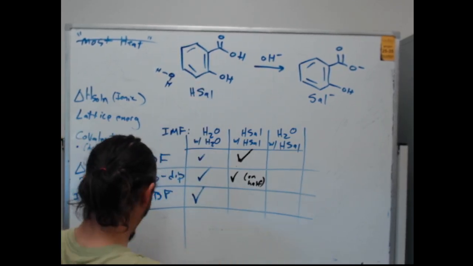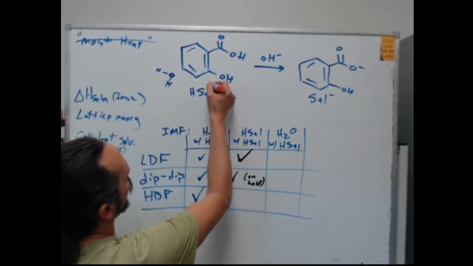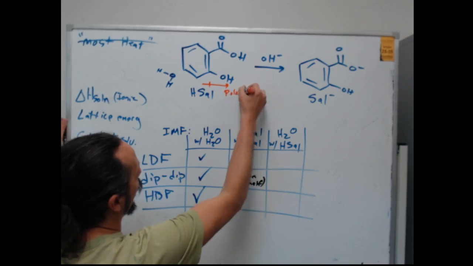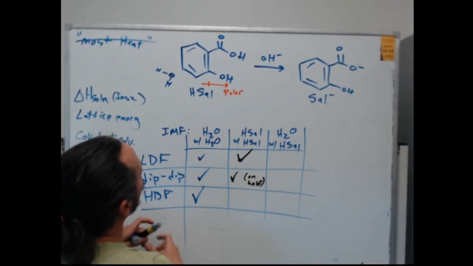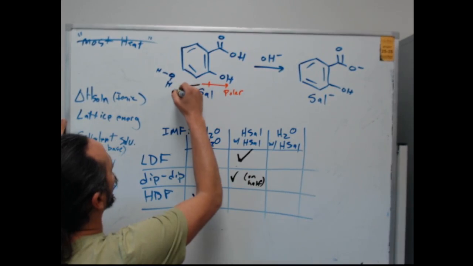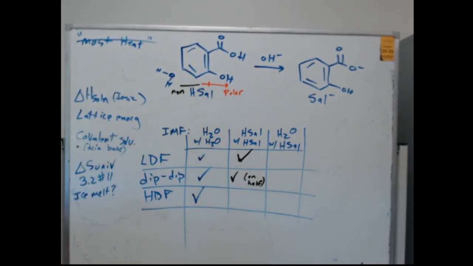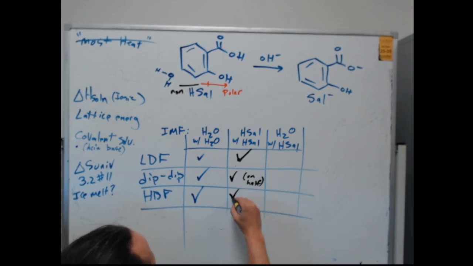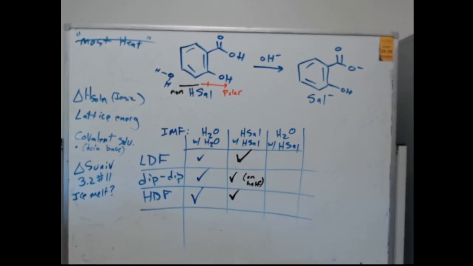So we've got this situation where part of it is polar and part of it is nonpolar. Part of it's going to interact with water well, part of it is not going to interact with water well. And so that's kind of strange. But it also has hydrogen bonding force, and it's got 2 to 3 different places where hydrogen bonding force can happen. So that's looking pretty good.